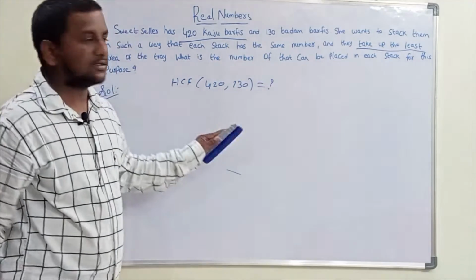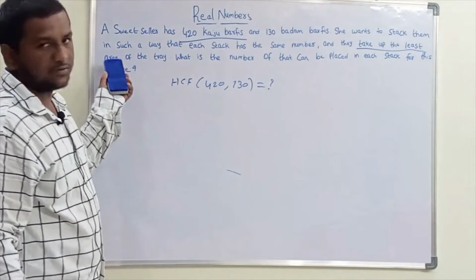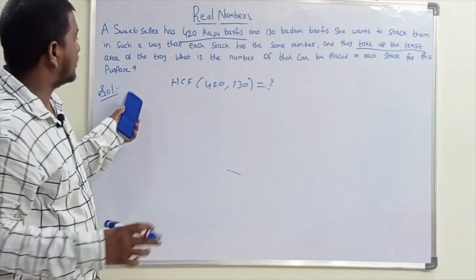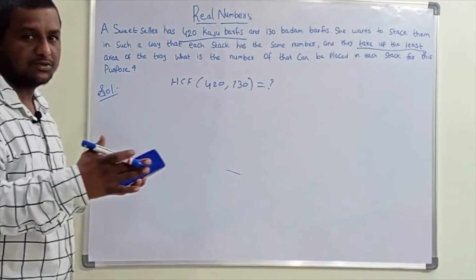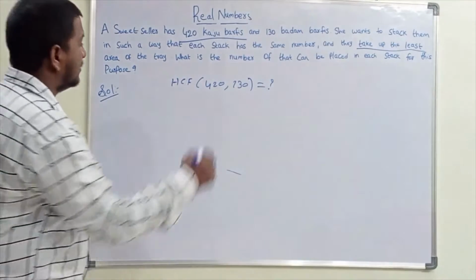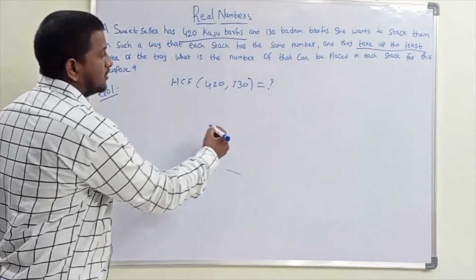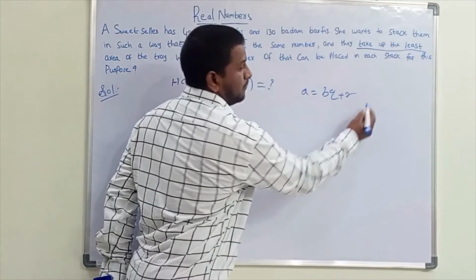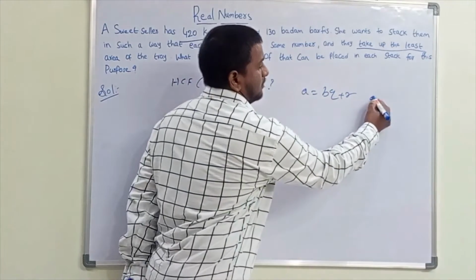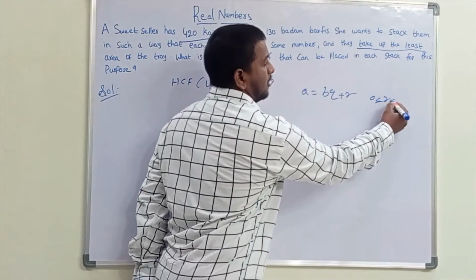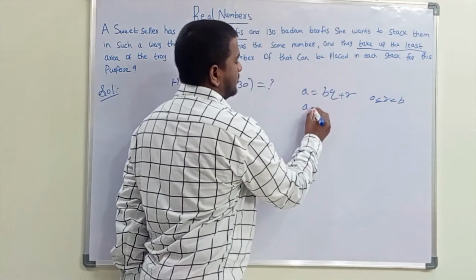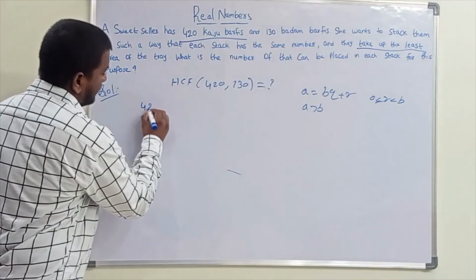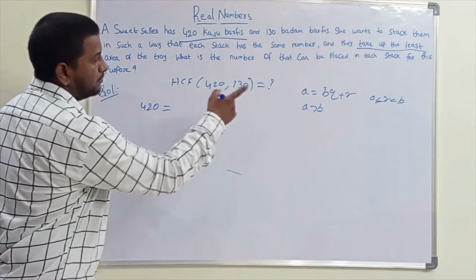So this is the answer for our task. This problem is expecting the maximum stack size that helps us take the least space in the tray area. As per Euclid's division, we know A equals BQ plus R, where 0 is less than or equal to R, less than B. Here A is greater than B. So the value of A is 420, and B is 130.